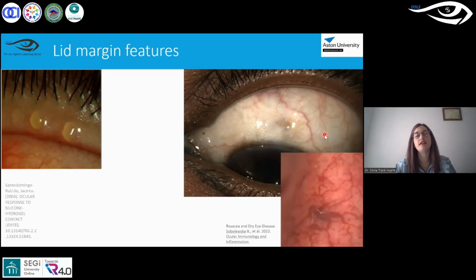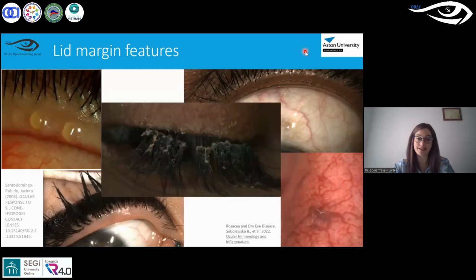Again, rosacea, be very attentive to rosacea. This is not the lid of the patient, but the nose just beside the eye. So again, always look at the patient as a whole, not just two eyeballs. Make sure that you look at everything. And a very important thing that I don't know if everyone's thinking about is cosmetics.